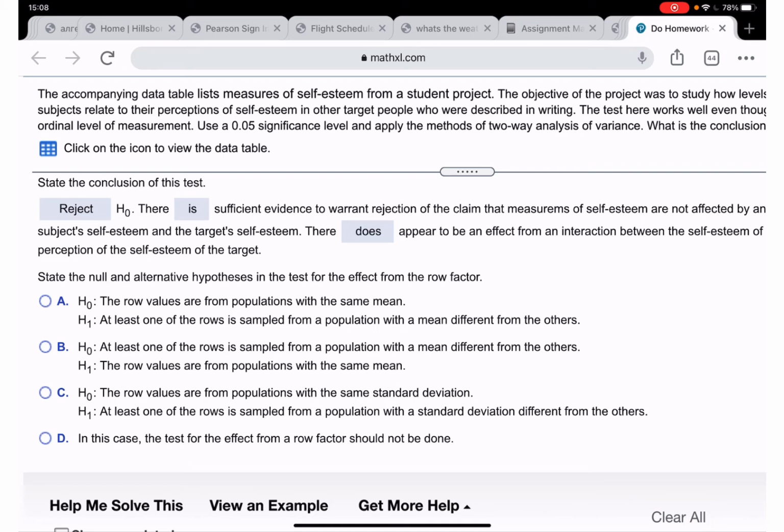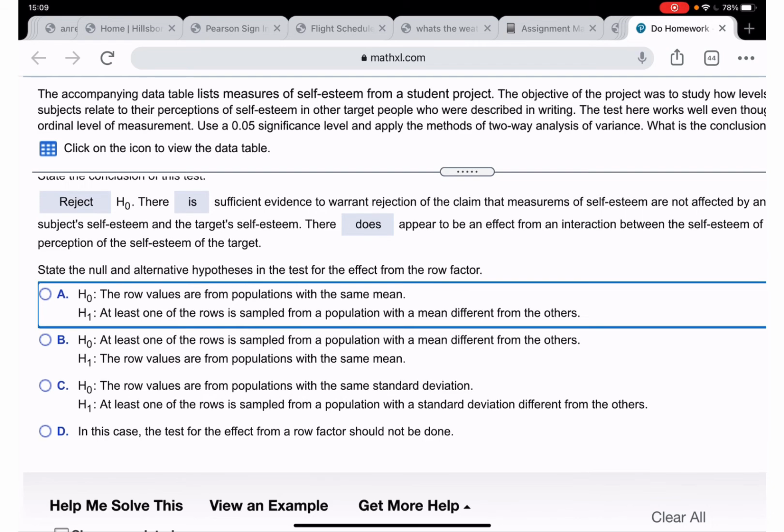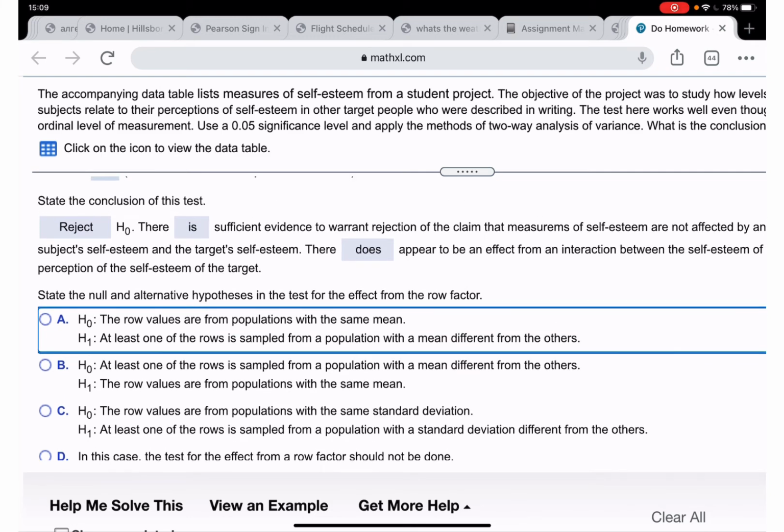Okay, so if the researcher concludes that there is an interaction effect, then the researcher should stop at that point and not proceed with any further additional test.